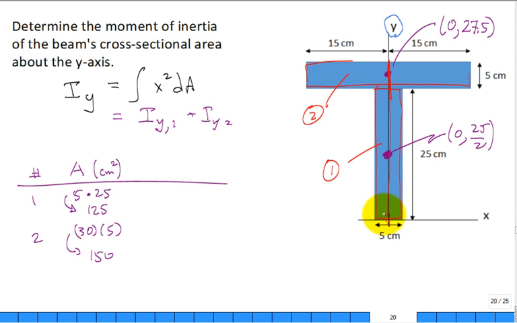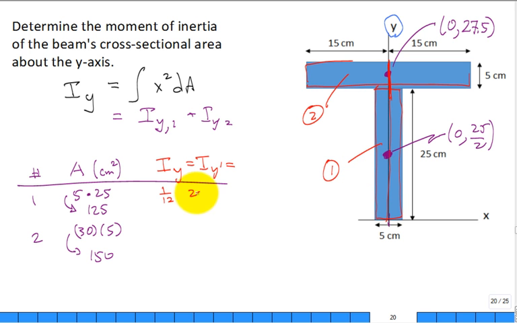We don't even need a parallel axis theorem because the axis goes right through the centroid of each of those. And so what is going to be the I sub y, which is actually the same as I sub y prime, for each of these areas? Is it the formula 1/12 base times height cubed? And for the first area right here, what would be the base?